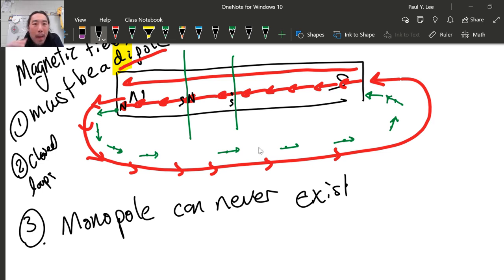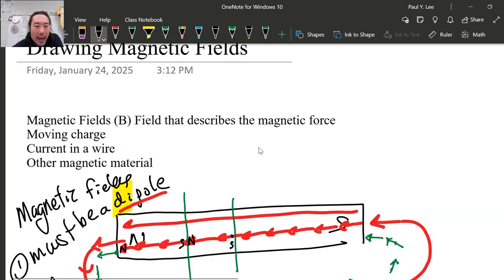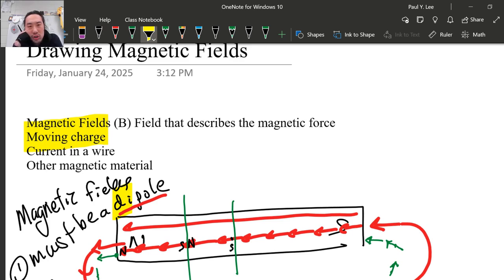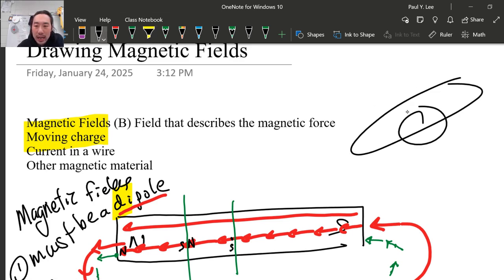So where is the magnet in the atom? Well, that actually comes from this idea right here, and we'll go into more detail later. But the idea of a moving charge. So if we were to look at a very basic elementary sketch of an atom, right? We have the nucleus and we have electrons that are spinning around.